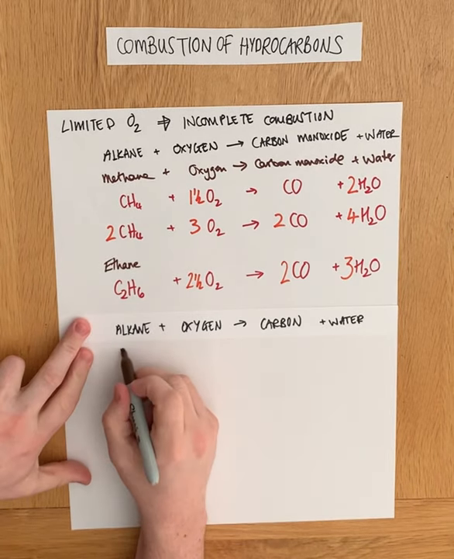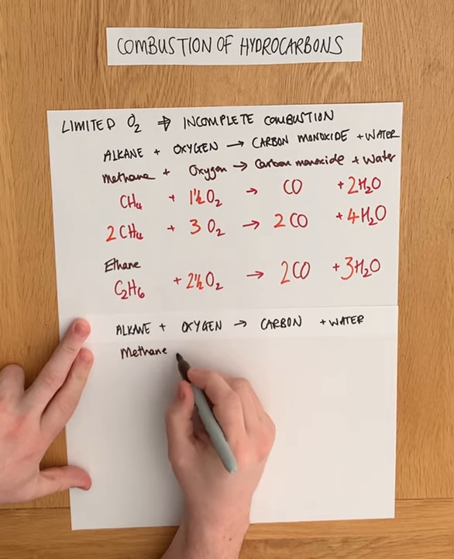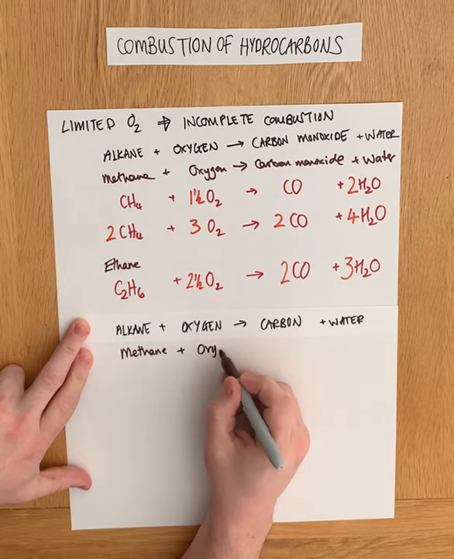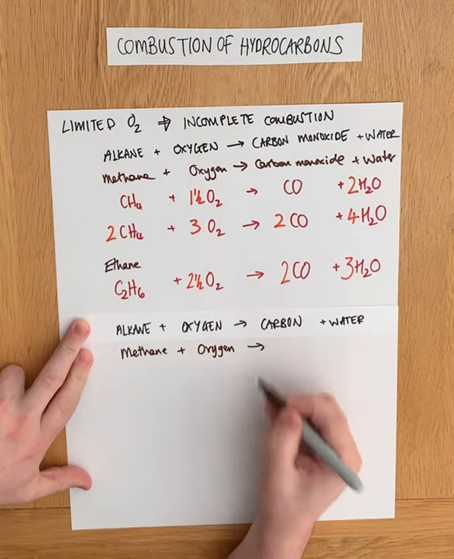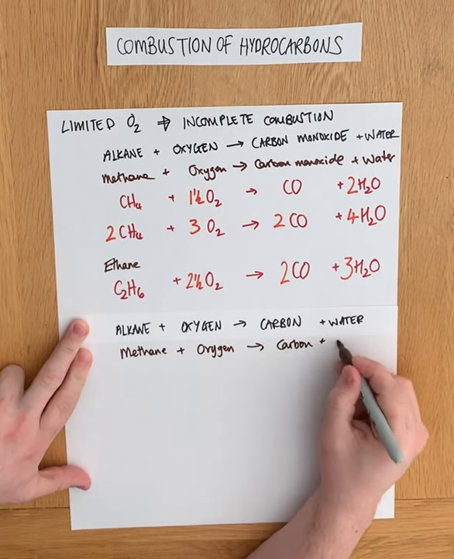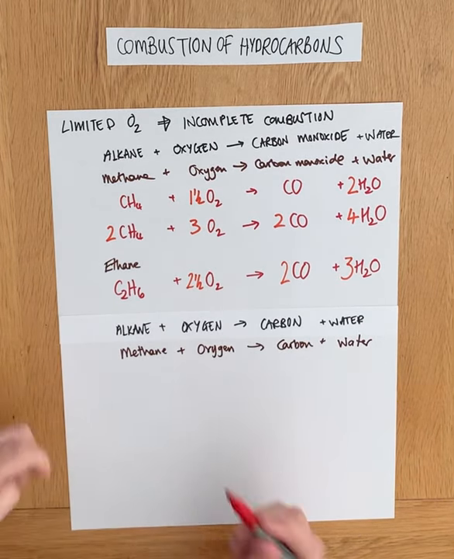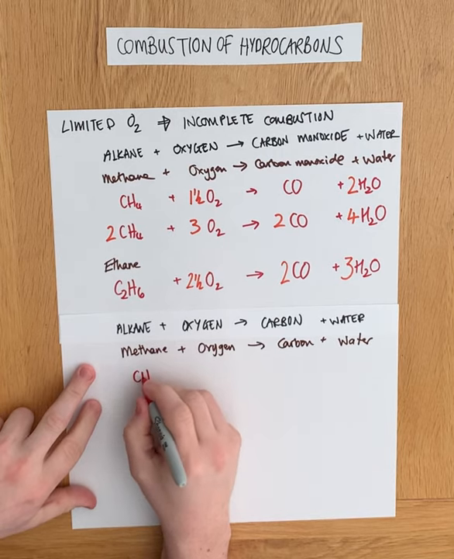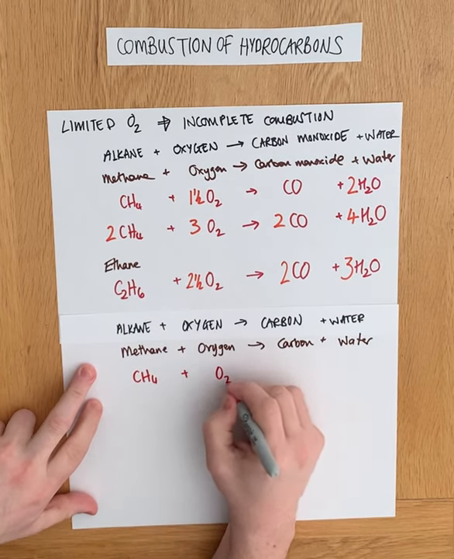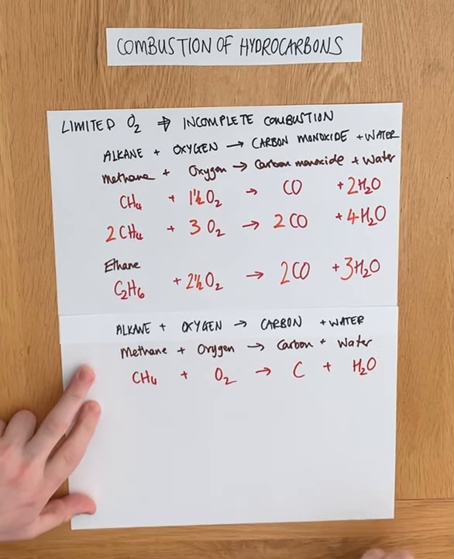Let's have a little look. If we have just completely incomplete, if that makes sense, so the most incomplete combustion possible, methane would react with oxygen to make carbon and water, and our symbol equation would be methane plus oxygen makes carbon and water.